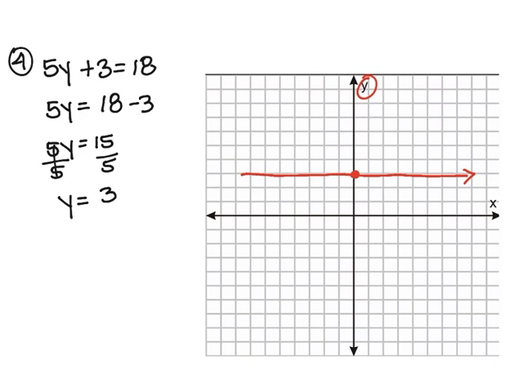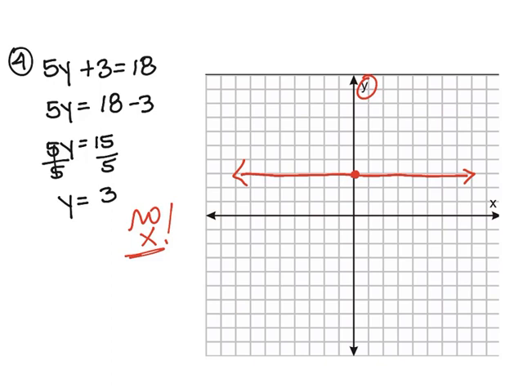Do you see that? That's the only way. There's no x. Okay, so it can't cross x. The only way you can cross x is if there was an x in the problem. Okay, so that's a special line. That's a horizontal line.